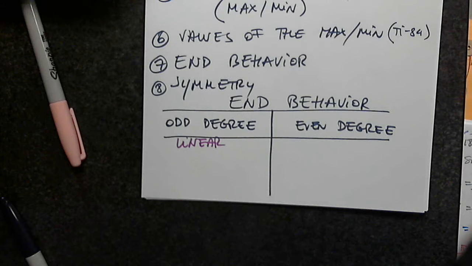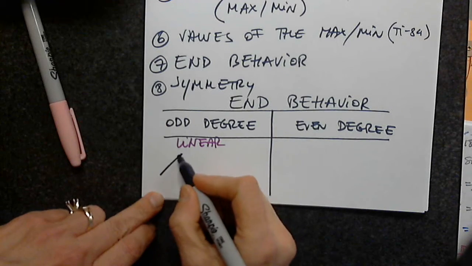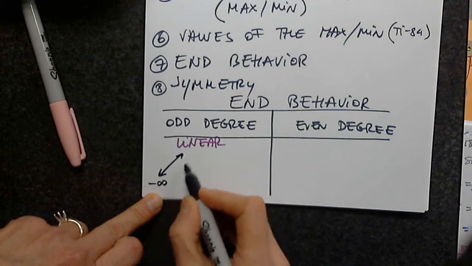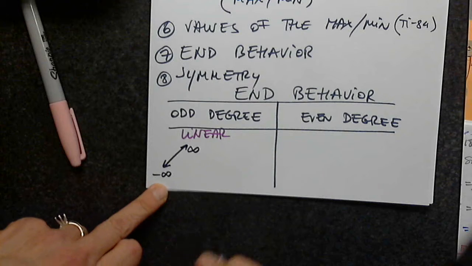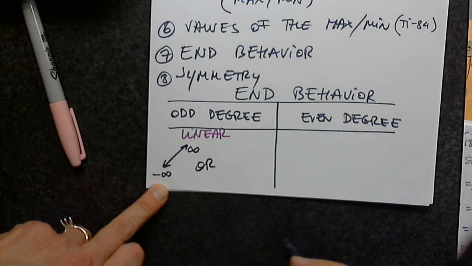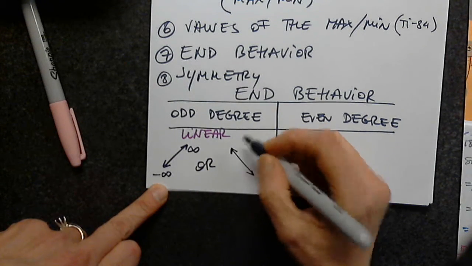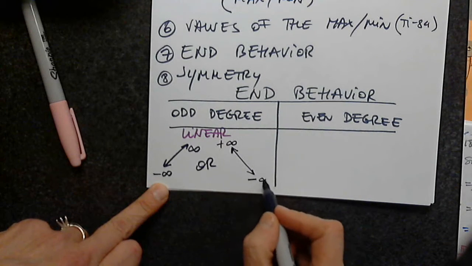Here's a second option. There is nothing else. What would be the end behavior for this function, coming from positive infinity and going to? All odd degree polynomial functions will do the same thing. So the linear function can look like this, coming from negative infinity and going to positive infinity, or this, coming from positive infinity and going to negative infinity.